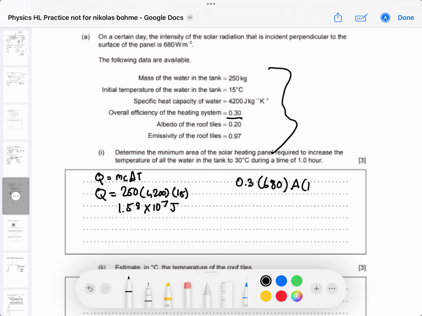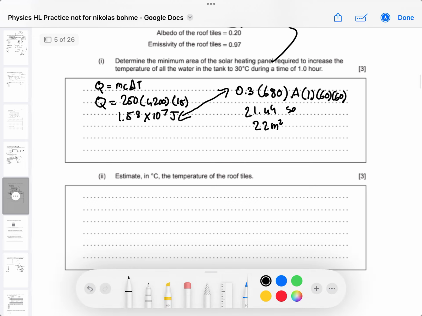The time here is 1 hour, which is 1 times 60 times 60, giving it to us in seconds. We equate this with the thermal energy required. Solving for area, you get 21.44, so you have 22 meters squared as the minimum area required.